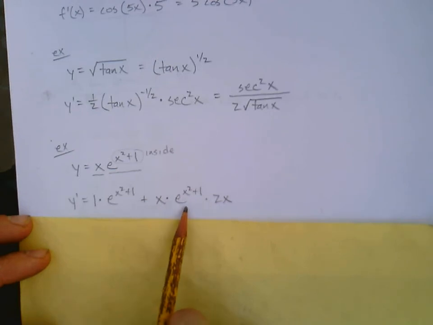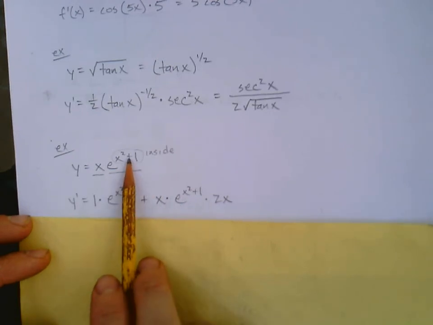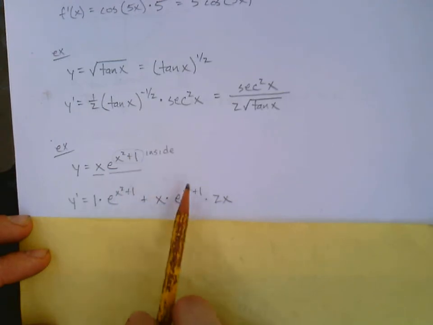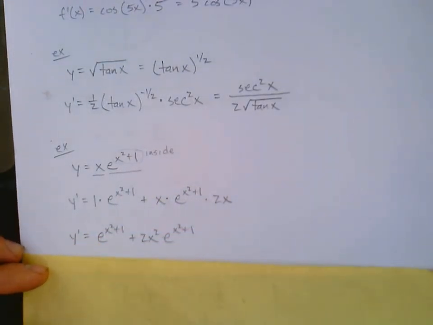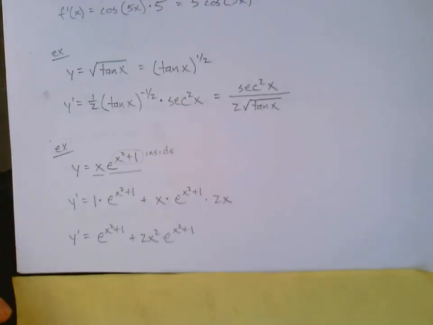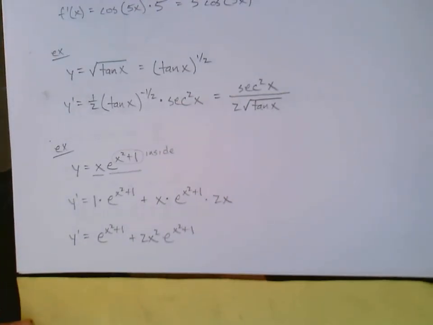That all just copies over. Multiplied by the derivative of x squared plus 1, which is 2x. That's your derivative. Let's make it look a little bit neater. y prime equals e raised to the x squared plus 1 plus this would become 2x squared e to the x squared plus 1. That's your review. We're moving on to 3.5 next.